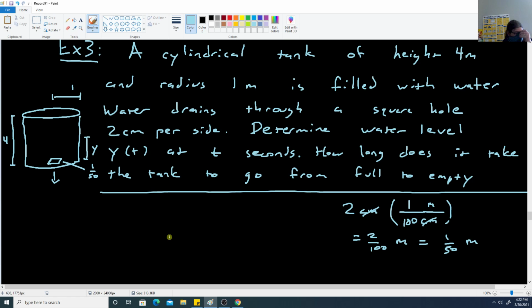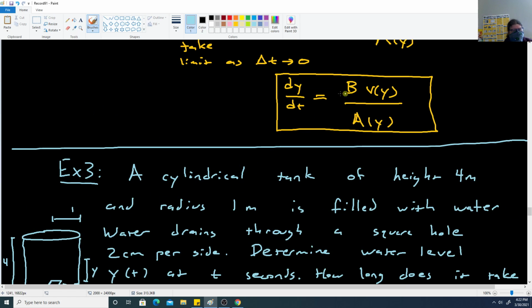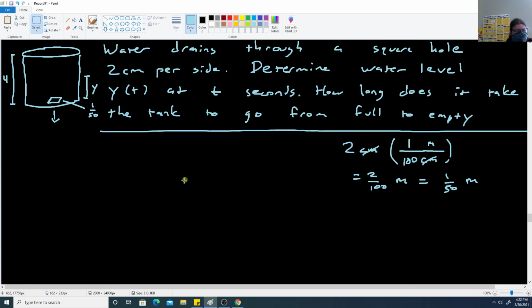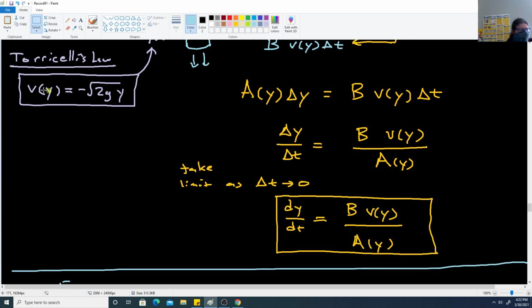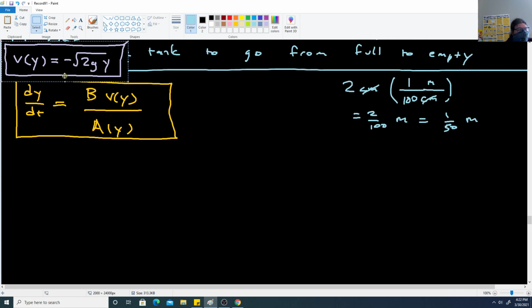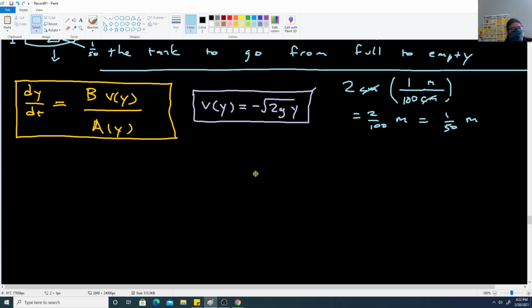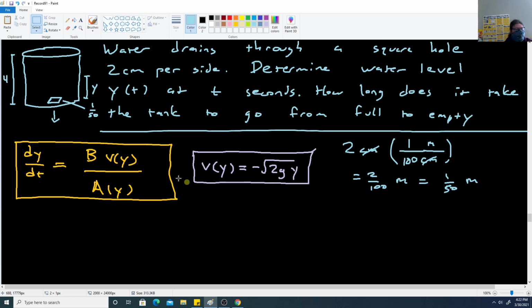Okay, so we're going to basically have to use this equation here, dy/dt. So let's pull our 2 equations down that we're going to be using for this. We got to use this equation, and we got to use that to figure out the velocity. Okay, so let's plug in and figure out everything we know. So we get dy/dt.